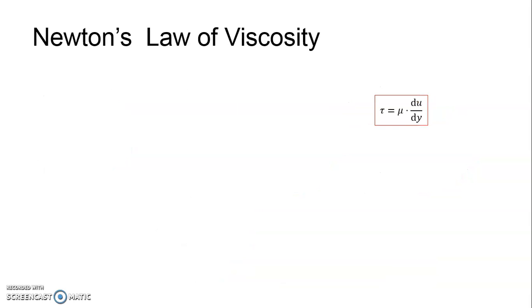So here we define a very important principle, which is known as a law, Newton's law of viscosity. We derive it with the help of this: tau equals mu into du by dy, where mu is a proportionality constant, and we call it viscosity or dynamic viscosity.